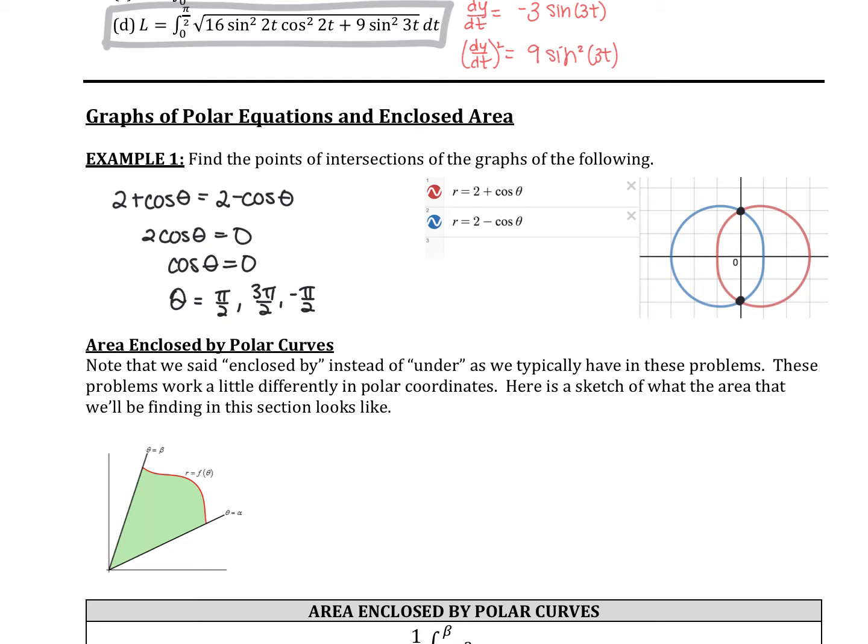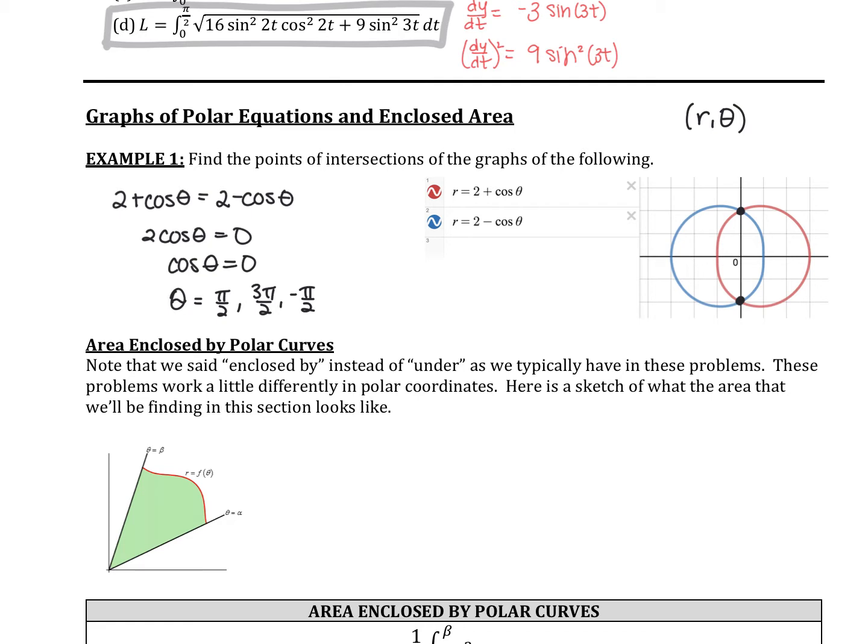Typically, we look between 0 and 2 pi, which is why I'm not extending this beyond pi over 2 and 3 pi over 2. Now, these 2 points are ordered pairs. Remember, our ordered pairs always are r, comma, theta.